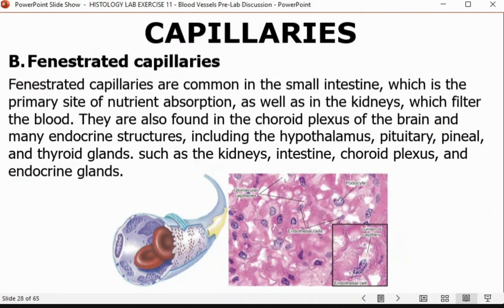And these fenestrated capillaries are common in the small intestine, which is the primary site of nutrient absorption, as well as in the kidneys, which filter the blood. So here in this picture below, it is a glomerulus, and it contains your glomerular capillaries.